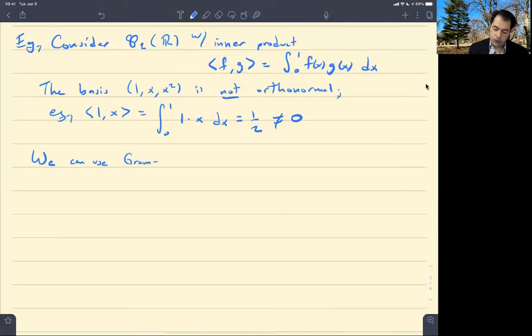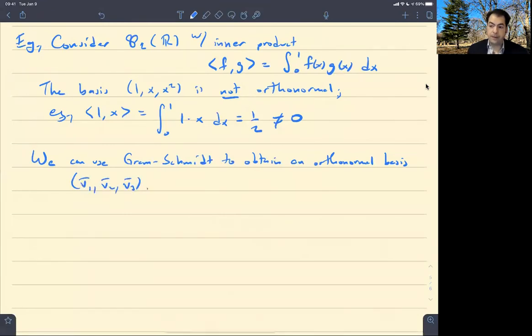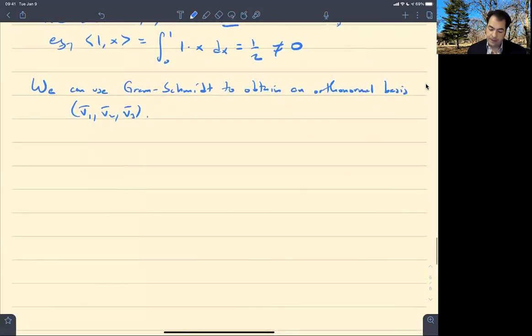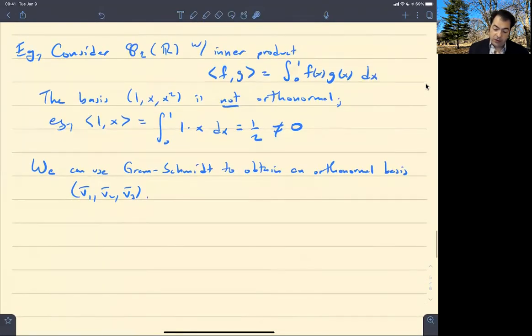We can use Gram-Schmidt to obtain an orthonormal basis, which would be V1, V2, V3. This is an orthonormal basis of this vector space, so each of these is going to be a polynomial.